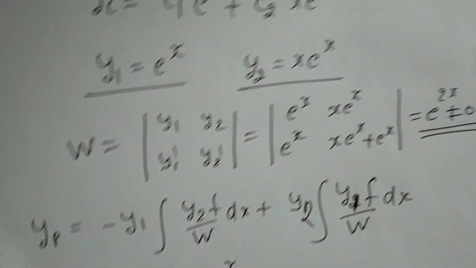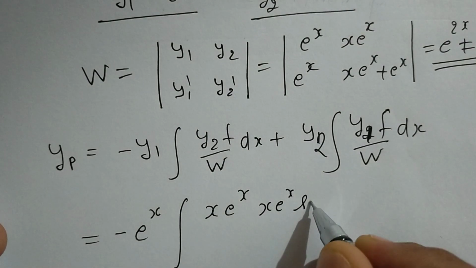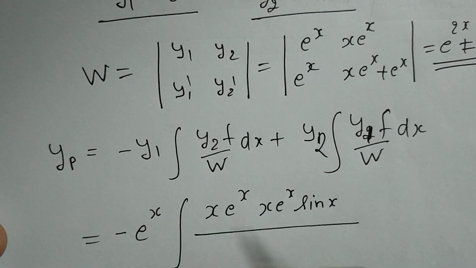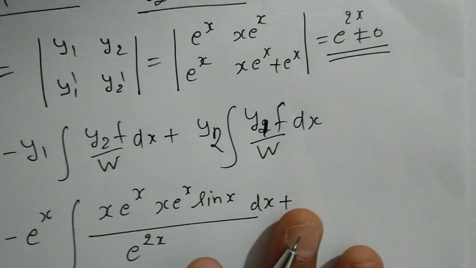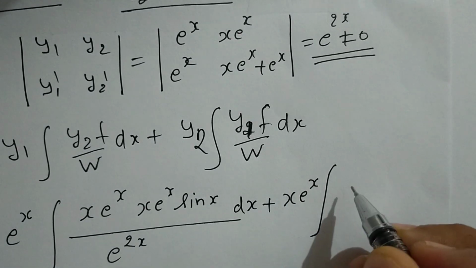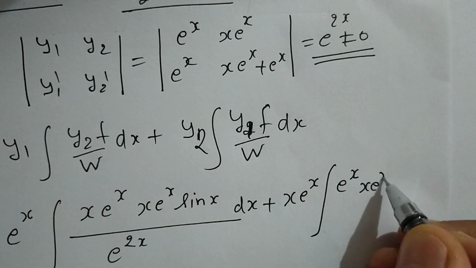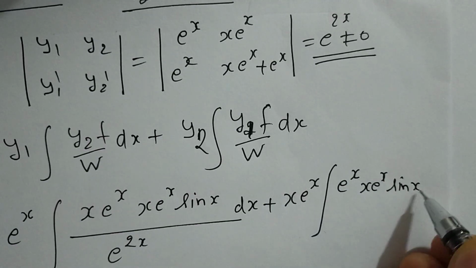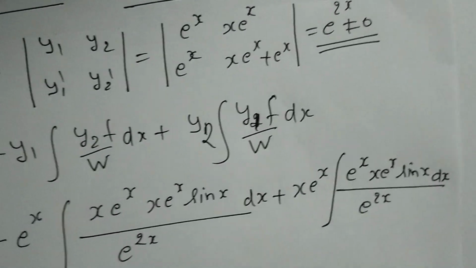So we can have minus e power x integral x e power x times x e power x sin x divided by the Wronskian, that is e power 2x, dx, plus y2, which is x e power x, integral y1 is e power x, and f is x e power x sin x divided by the Wronskian e power 2x dx.